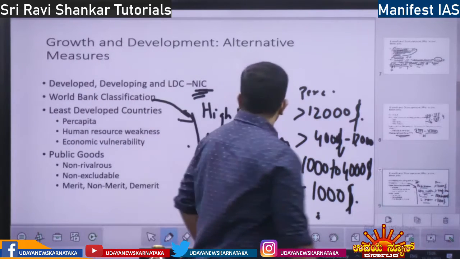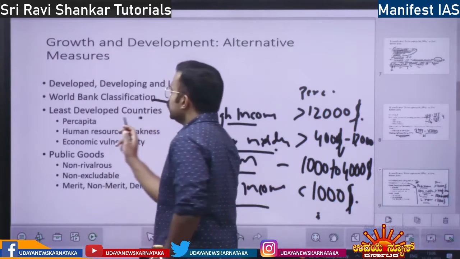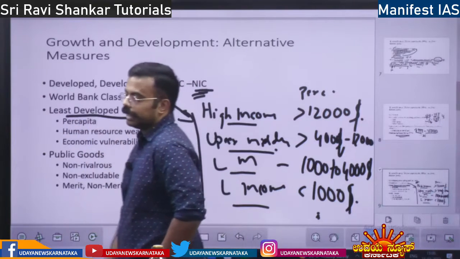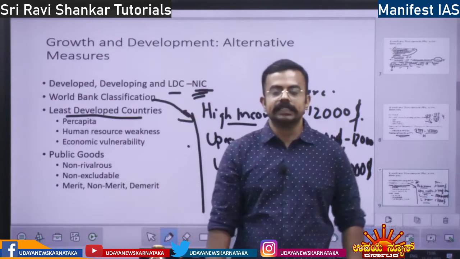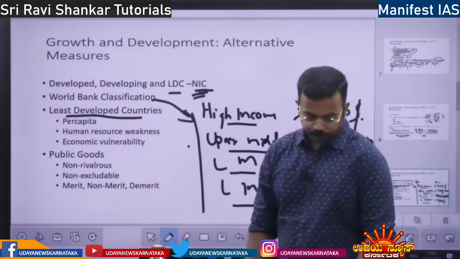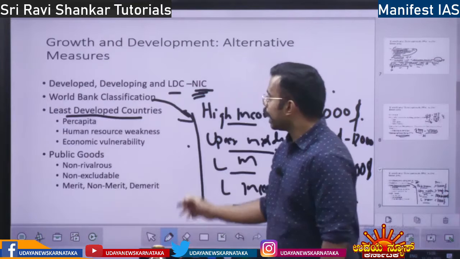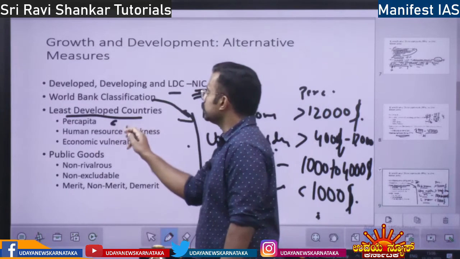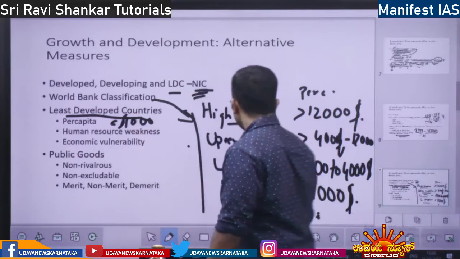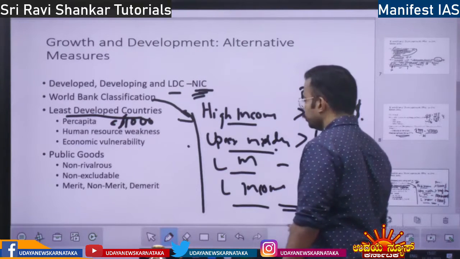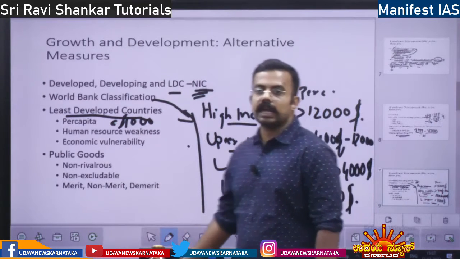Okay. So next we have least developed countries. Least developed countries I spoke about here. What is a least developed country? If the per capita income is less than $1,000, then it is a least developed country, similar to the World Bank criteria.